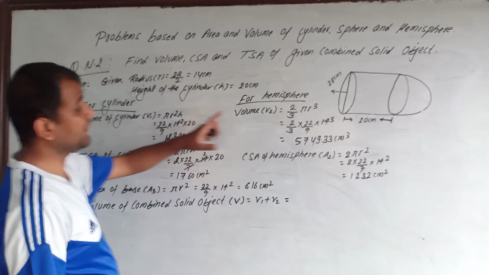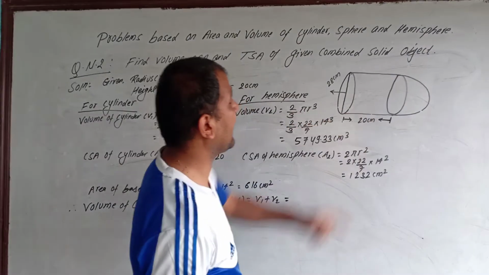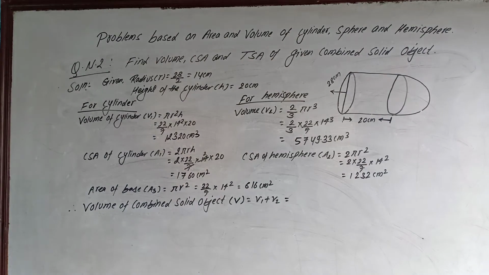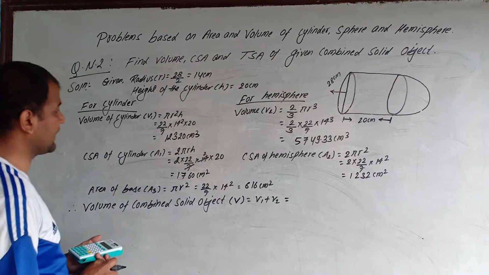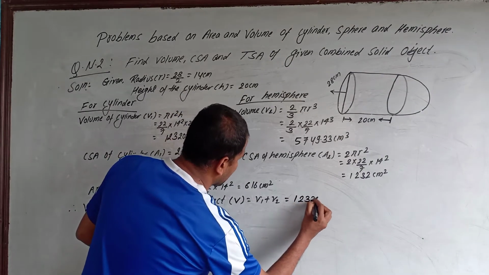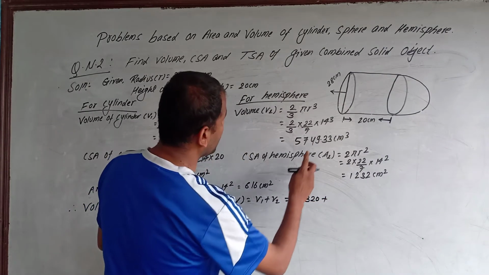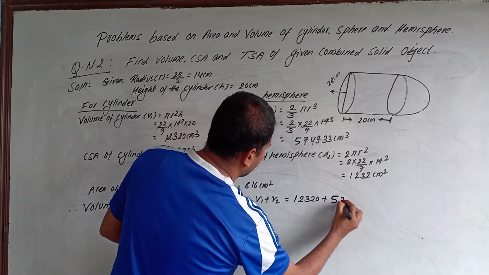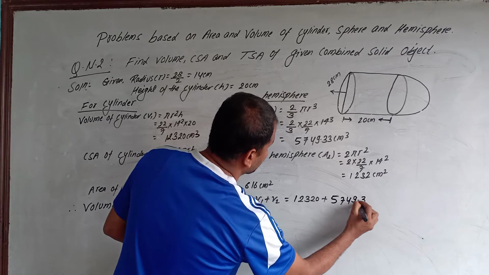Here we see the figure, cylinder and hemisphere. So the volume of the combined solid object means volume of cylinder, that is 12320, plus volume of hemisphere, that is 5749.33.